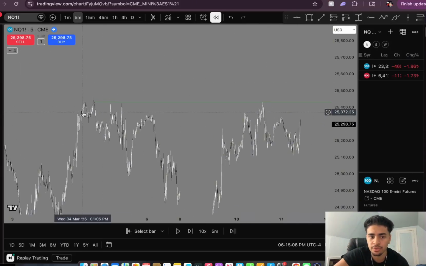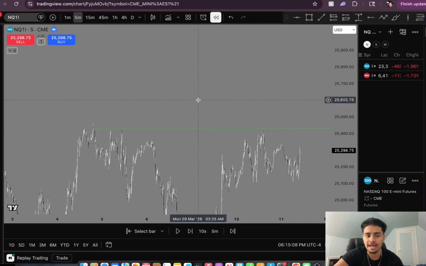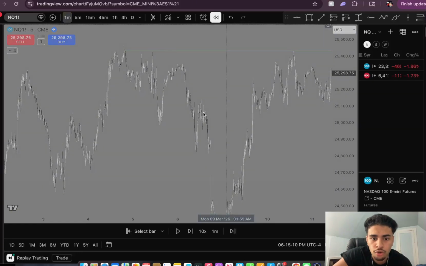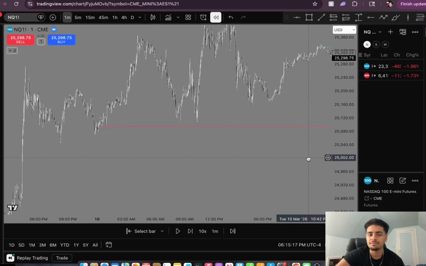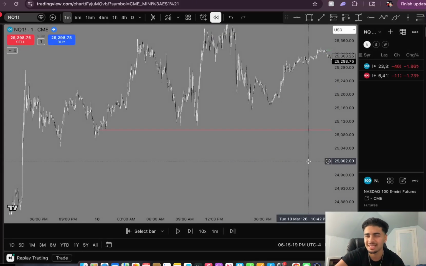And the distance between them is super important. I don't like when an equal high or low is so close to each other, because to me it doesn't mean that it's important. Think about it like this. If you were to have an equal high or low and then a minute later it goes to that same exact price point, it doesn't really mean much because we're already around that area.